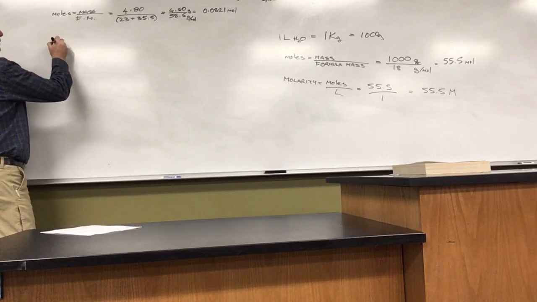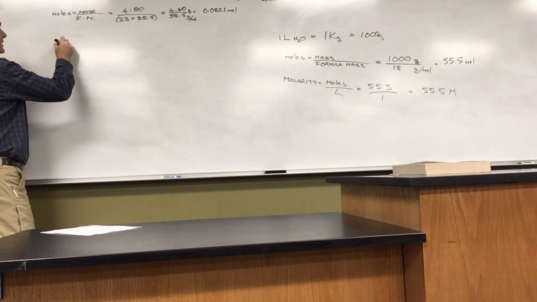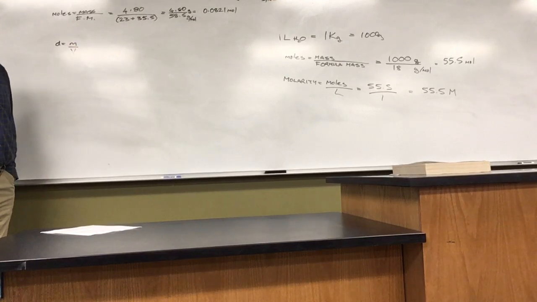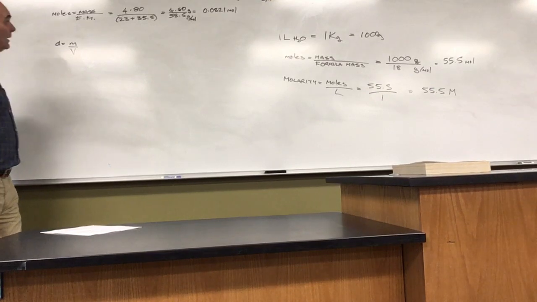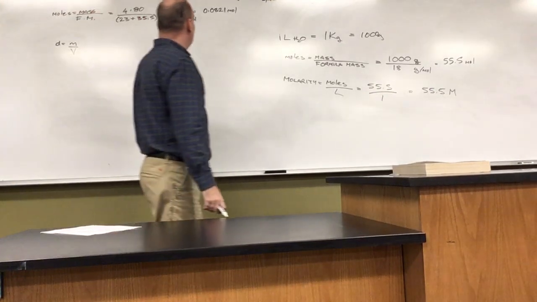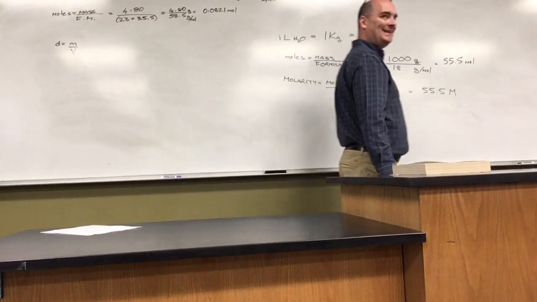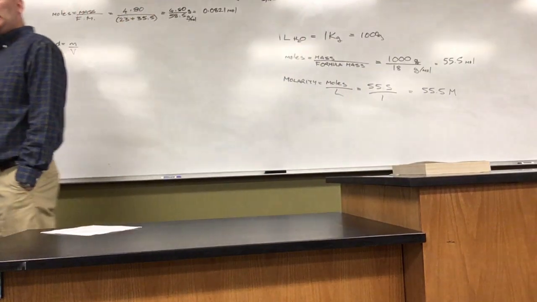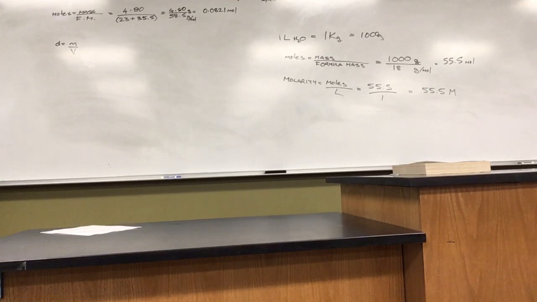Okay, so now, here we know density is mass per volume. So if density is mass per volume, and my question gives me volume and density and leaves mass as the number that I have to find, because my molality is the number of moles per kilogram.